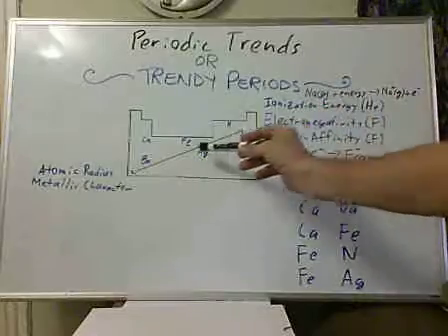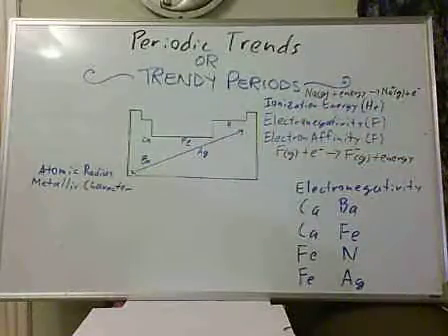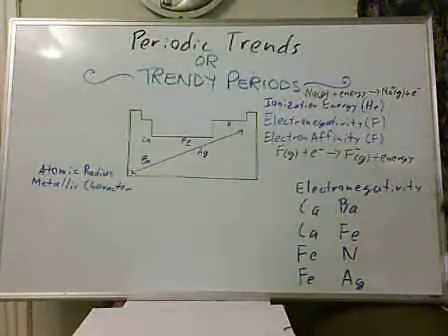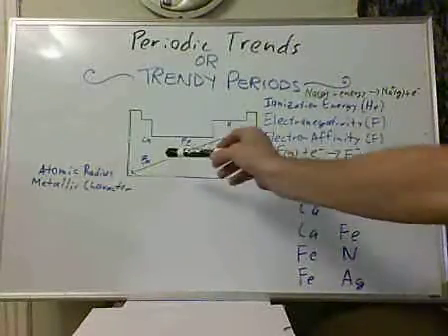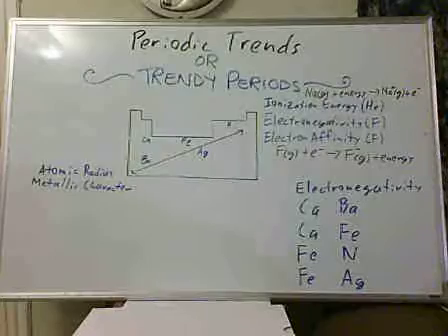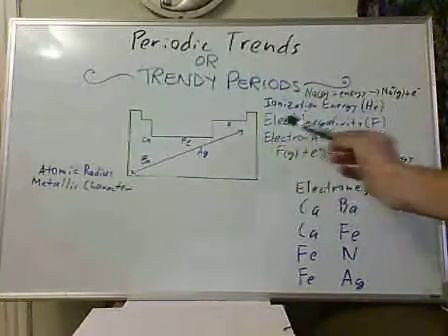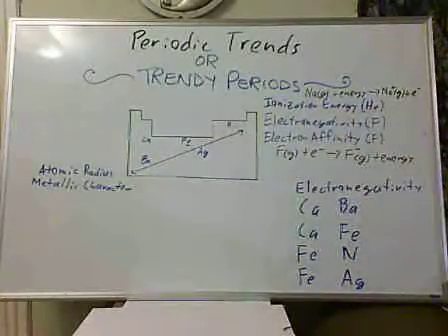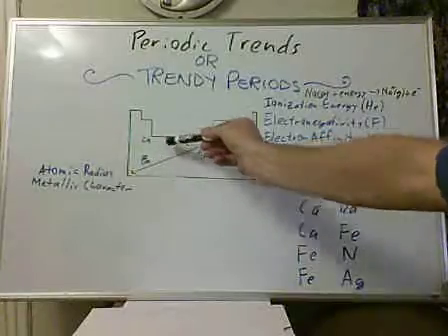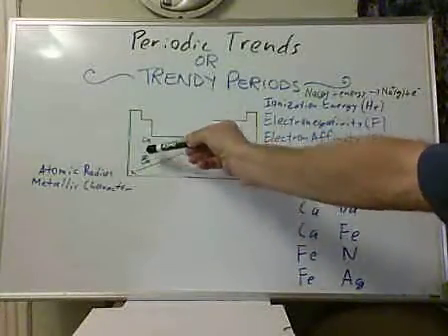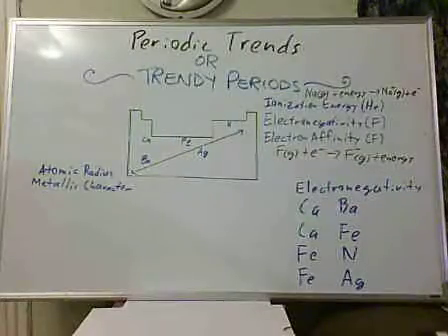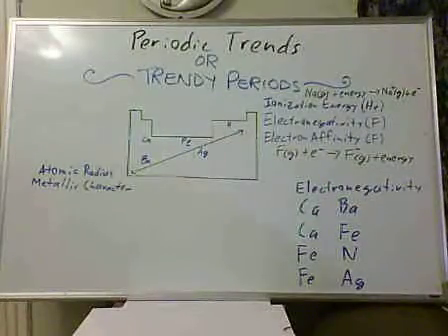So to be able to use this trend to predict relative properties, we'll use electronegativity as the example. If we compare calcium and barium, electronegativity is highest in the upper right of the periodic table. Upper right. So use those two terms. Calcium is above barium, so calcium will have a greater electronegativity.